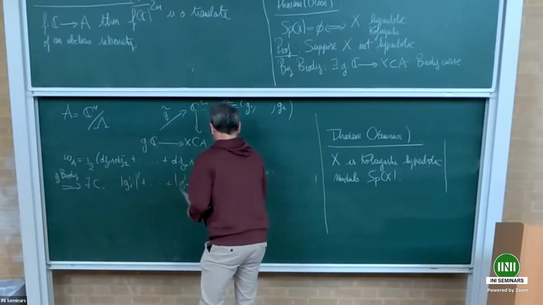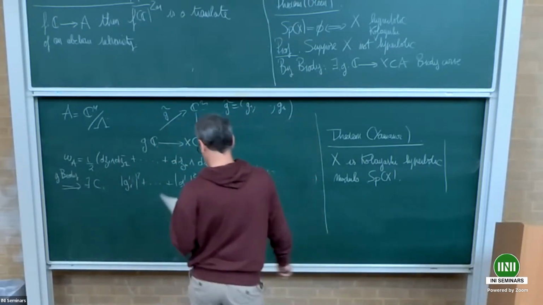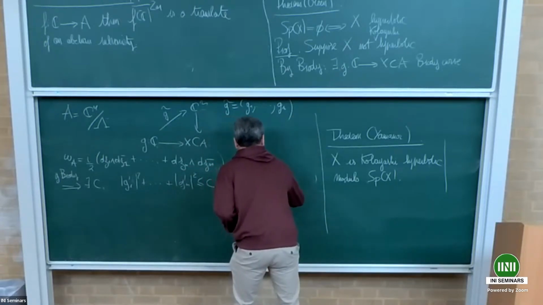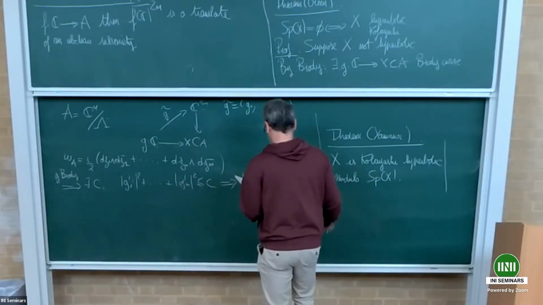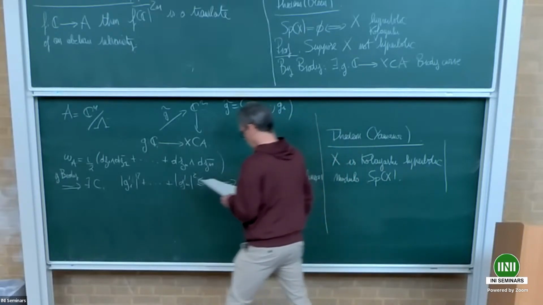By Liouville, these derivatives are constant. And so these g tilde are linear.